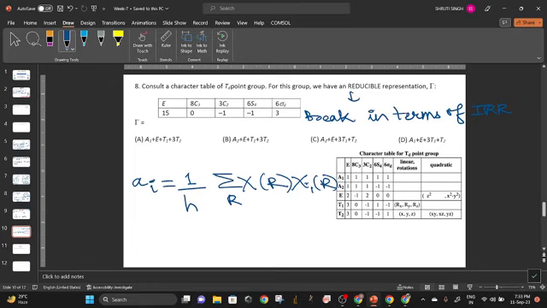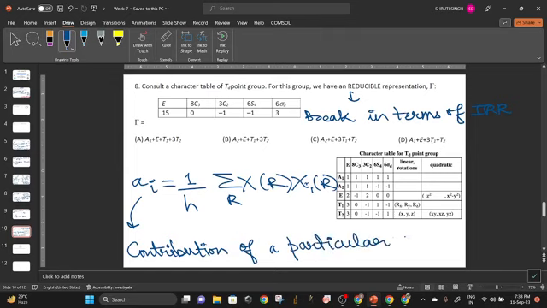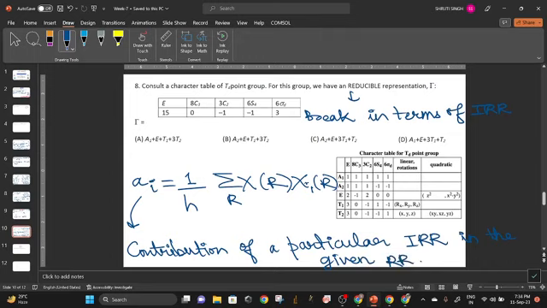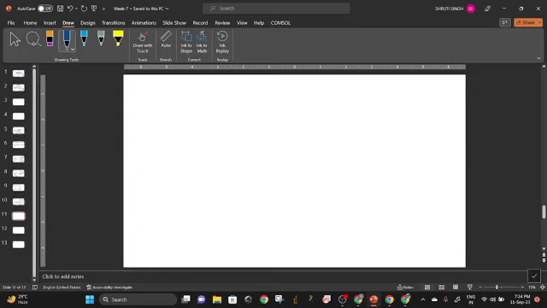Here we have 5 irreducible representations, so we will get 5 ai values. Okay, let's start.